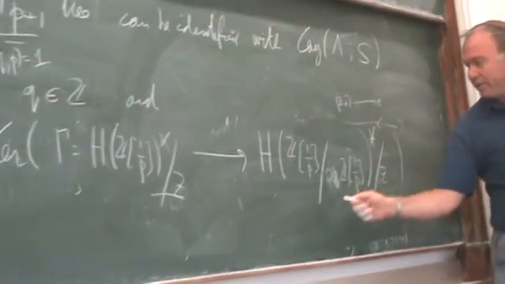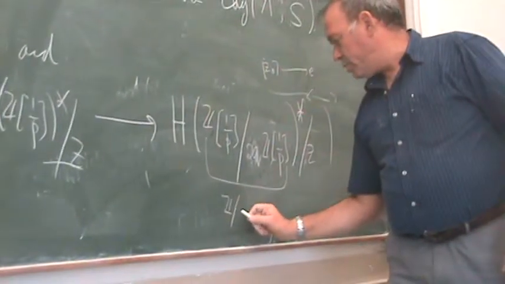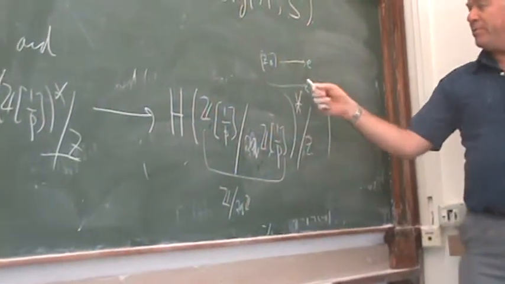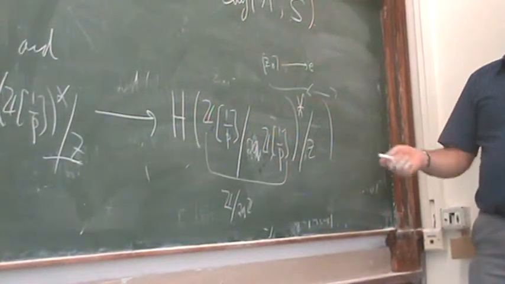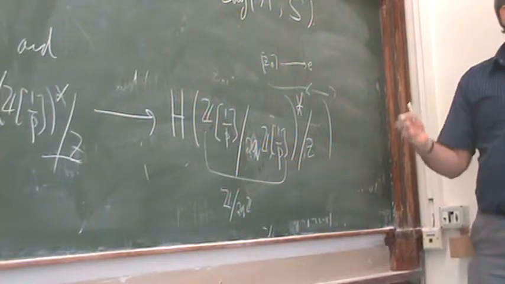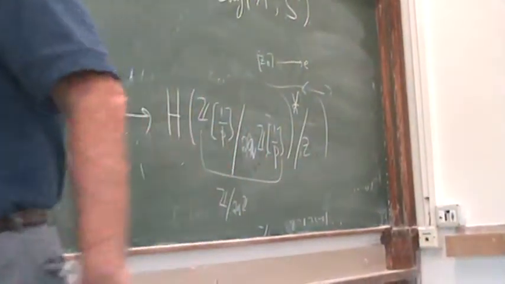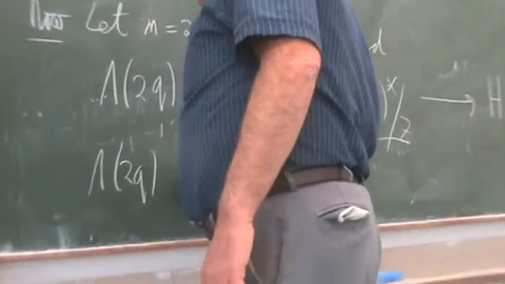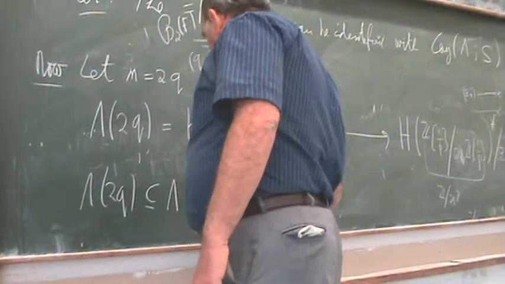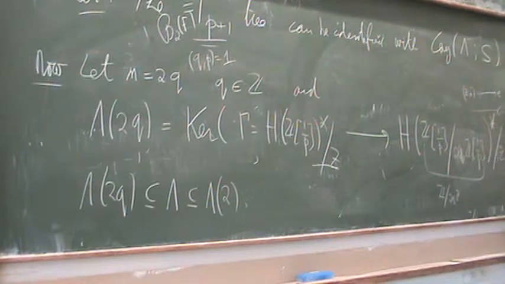This is a finite ring, and this is isomorphic to Z modulo 2q. The invertible elements form a finite group. Divided by the center is a finite group. This is a normal subgroup of finite index. This is the so-called congruence subgroup mod 2q. And lambda 2q is really inside lambda, because our lambda is really inside lambda 2. In fact, it's equal to lambda 2, but I didn't check it.